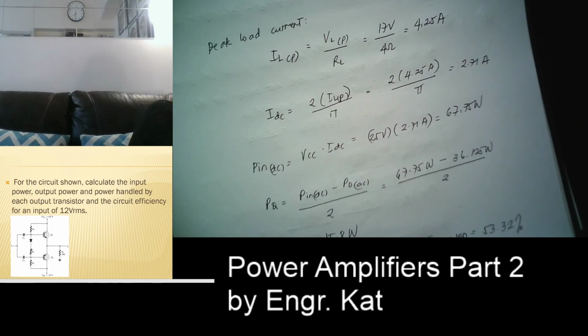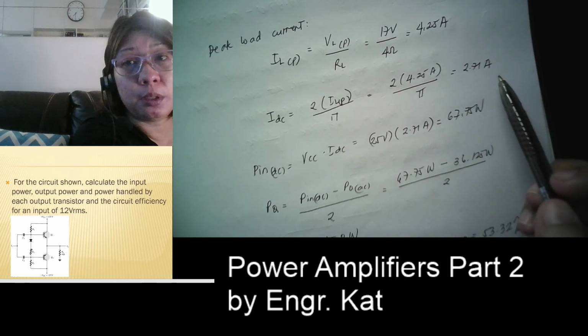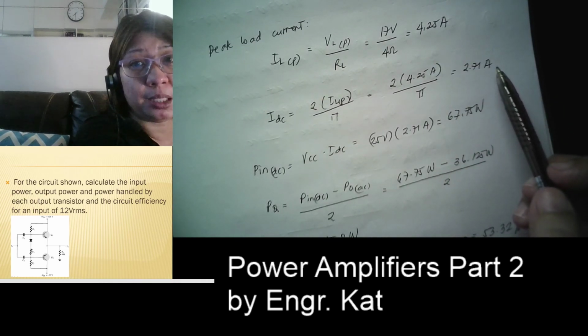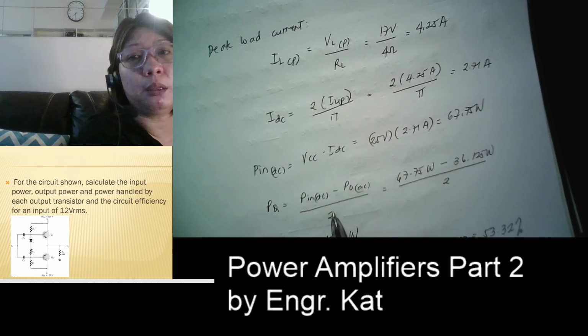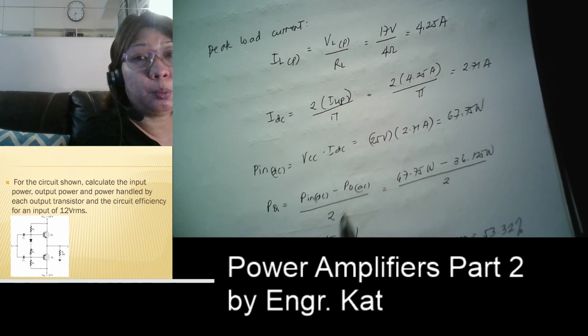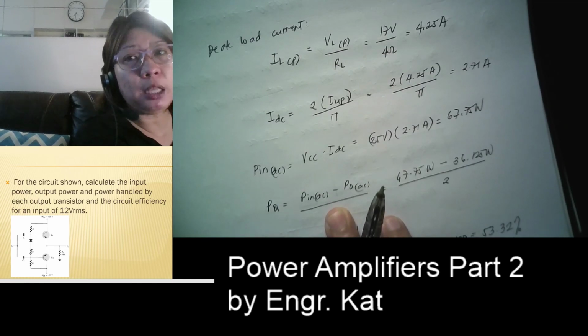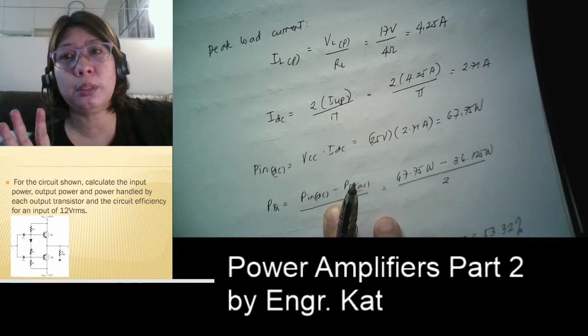So if we have 67.75 watts and 36.125 was developed across the load as your AC power, therefore the power that was dissipated by the two transistors is equal to P in DC minus POAC. This is just the power dissipated by the two transistors.